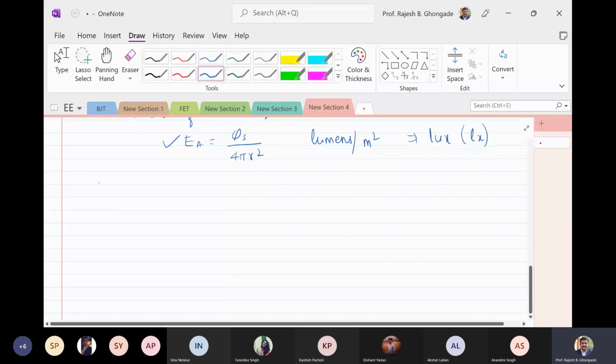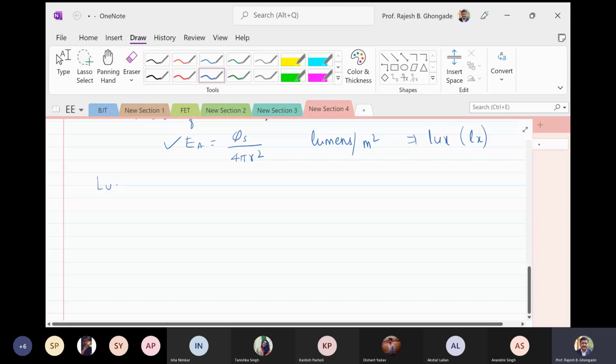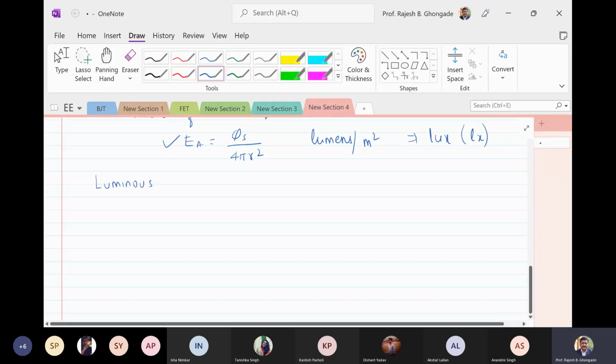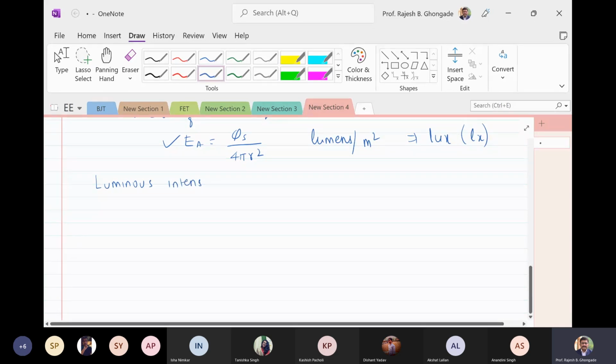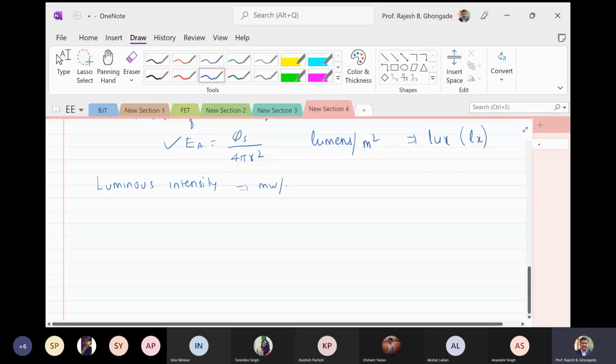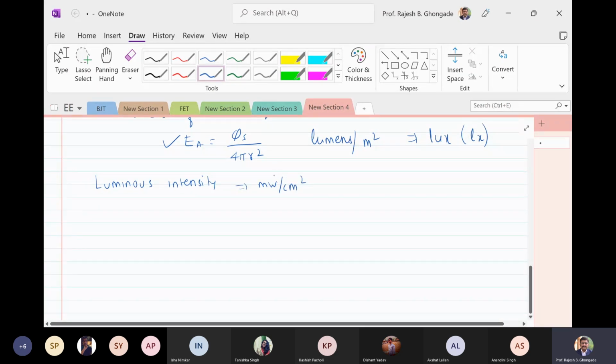I know this is a little bit confusing because there are so many intersecting terms. So luminous intensity can also be measured in milliwatt per centimeter square or lumens per square foot, which is called foot candela. Let us not go into those details.